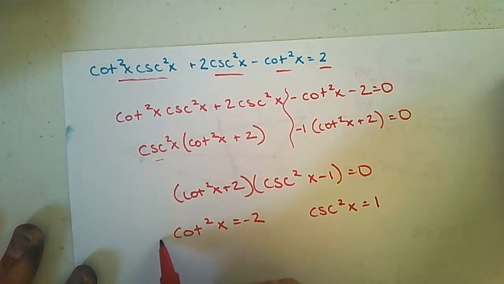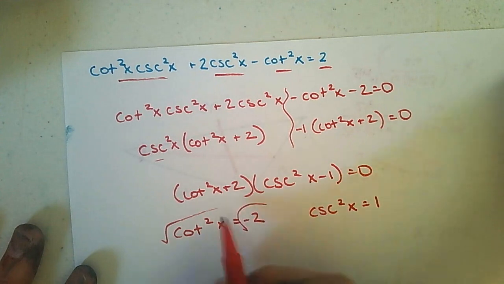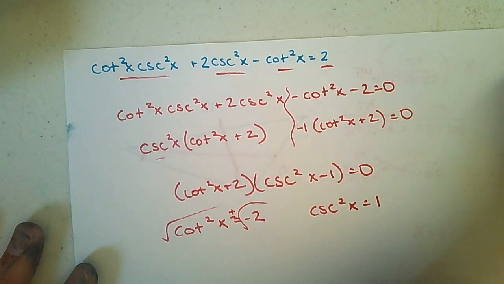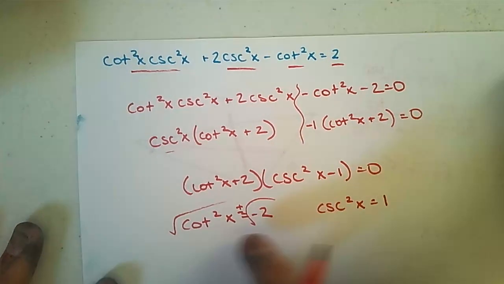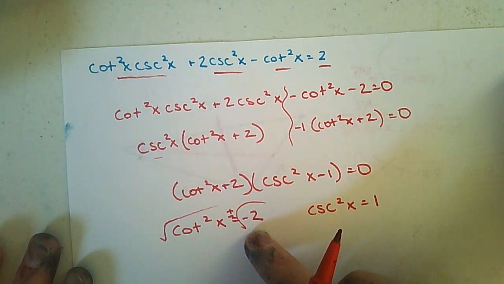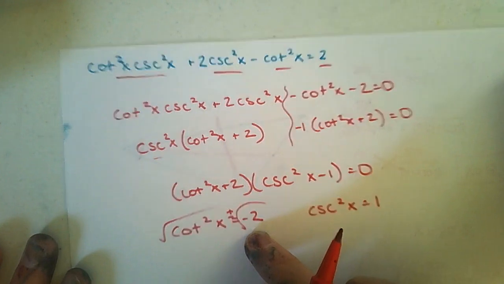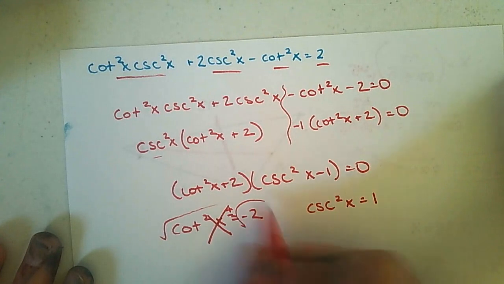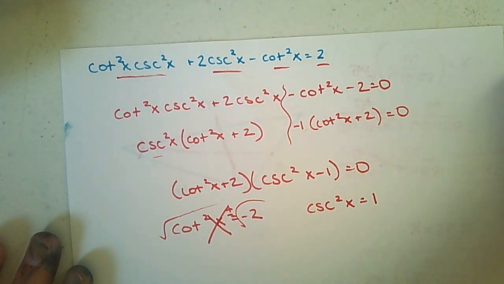Over here, I'm going to have to take the square root of both sides. Don't forget to add your plus or minus. I, however, can't do the square root of a negative. That is imaginary, so this would be one of those extraneous solutions. It's not going to work because it would end up imaginary.